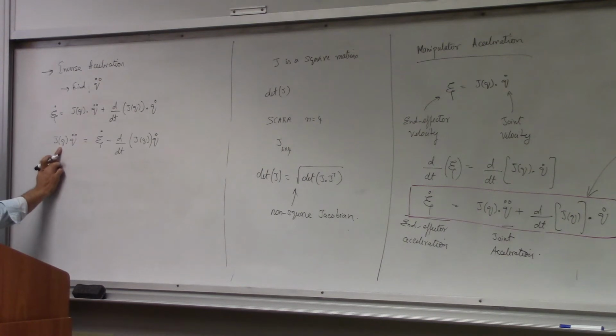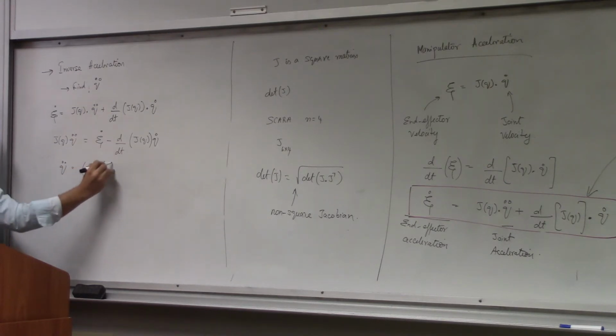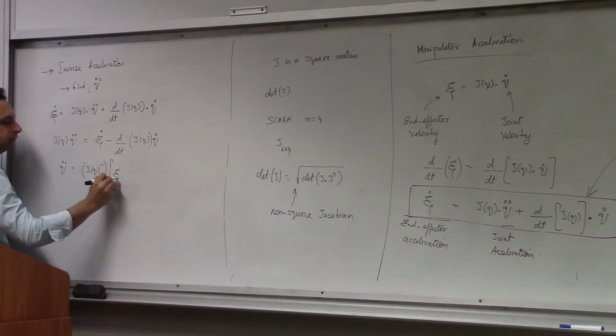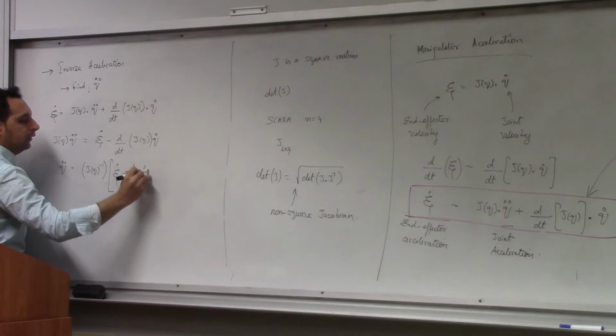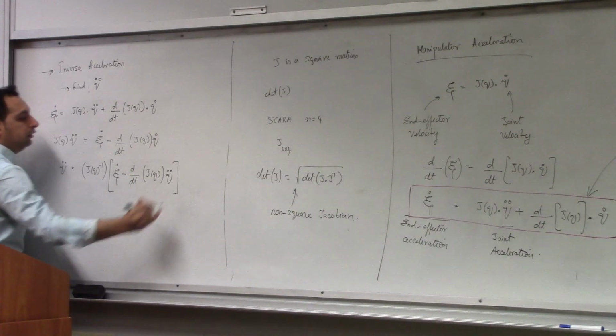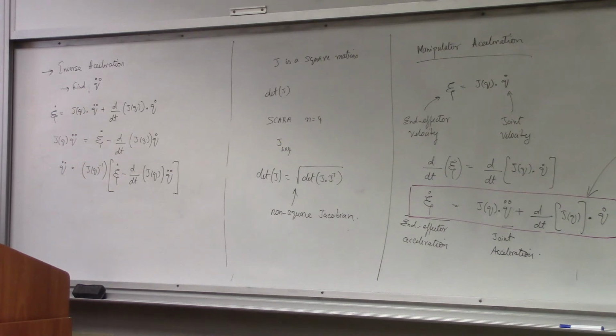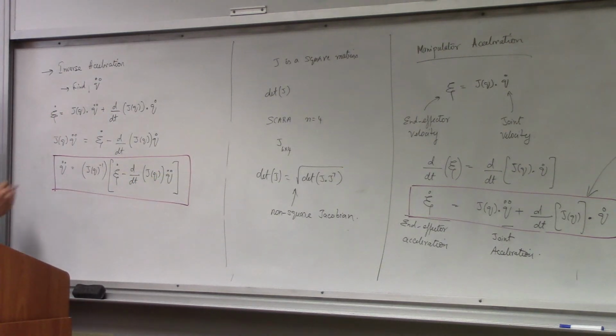I want to get rid of J of q, so I'll multiply by the inverse of J of q. This will give you the joint accelerations needed for a given end effector acceleration.